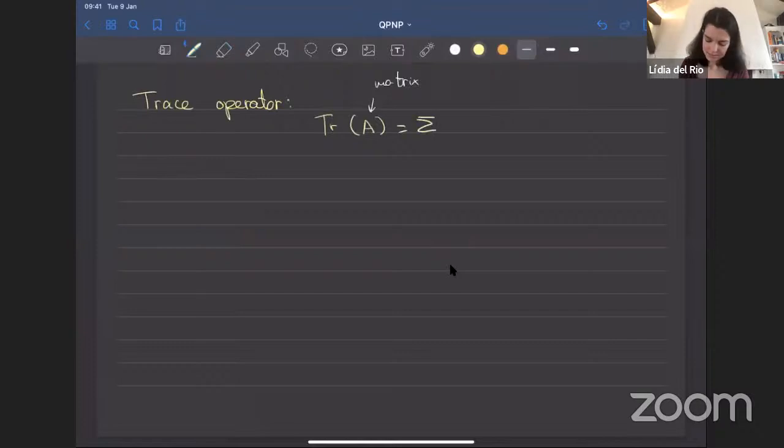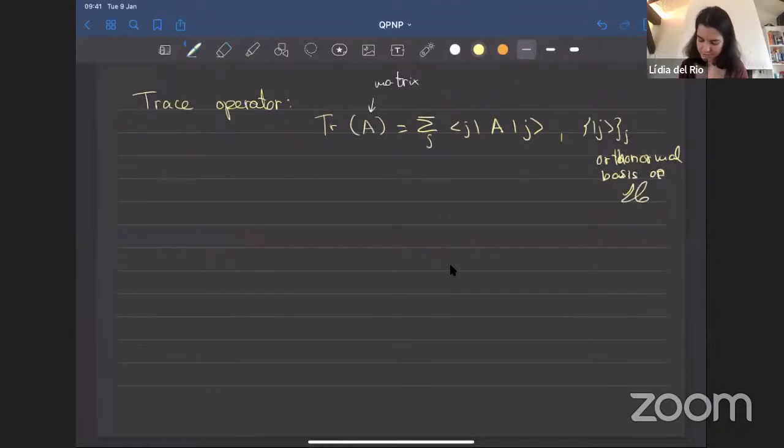The trace of A is the sum over j of the inner product of j with A j, where these j's are some orthonormal basis of your Hilbert space, and A is a linear operator.